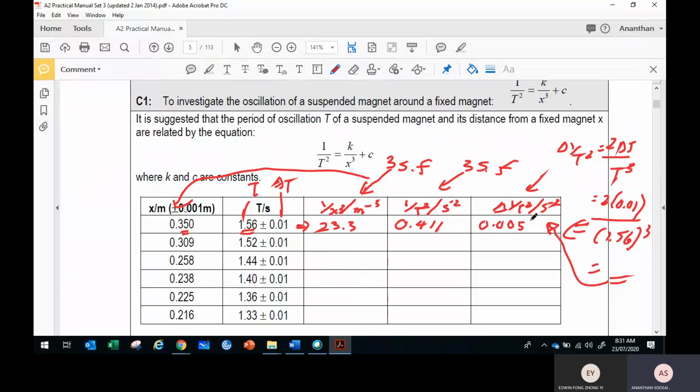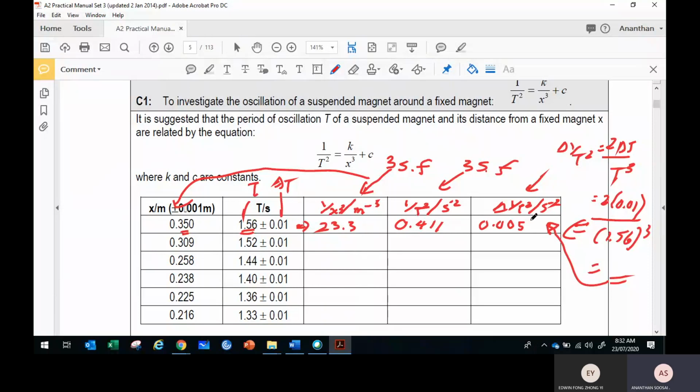Now the error. In this case, the error is just nice, 3 decimal places, the same as the value. Sometimes the error might be different. For example, just now you calculated 0.005, let's say you got 0.1.